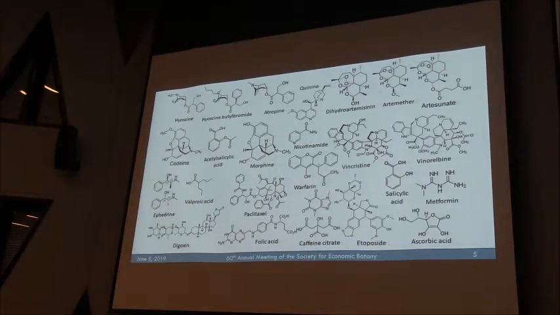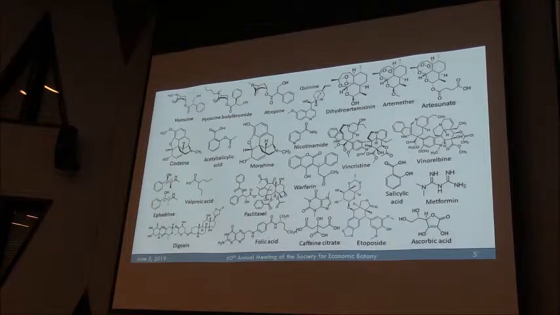And so, I love to show this slide, especially to medical audiences, just to remind everyone that the very foundation of Western medicine is actually based in traditional medicine. These are all compounds that are listed on the World Health Organization's list of essential medicines.